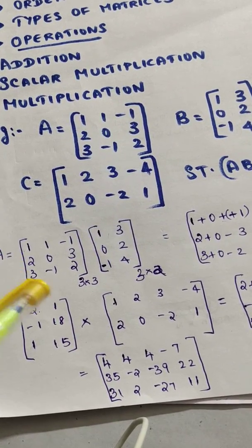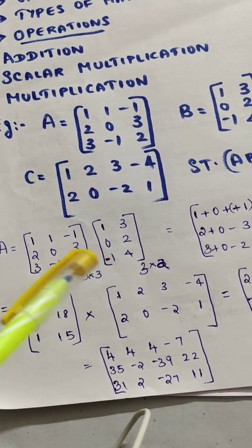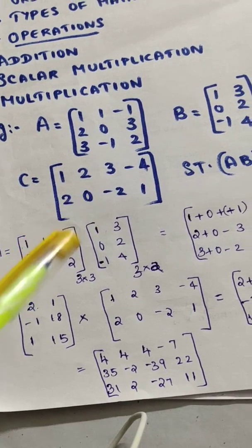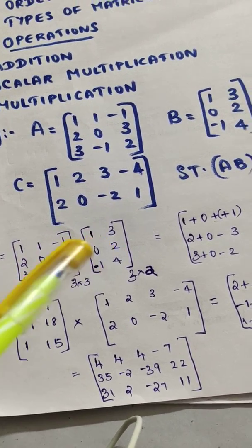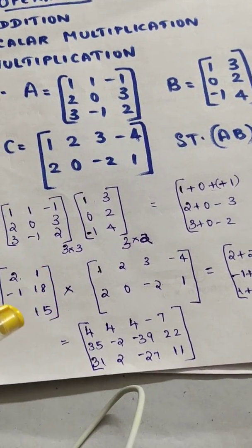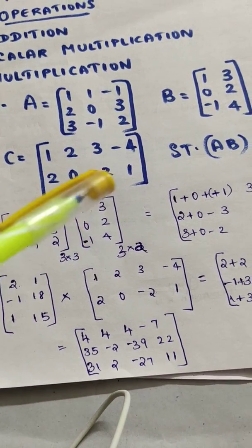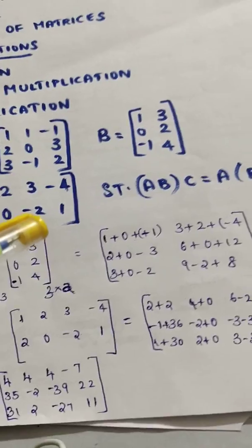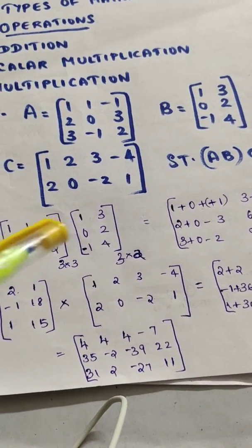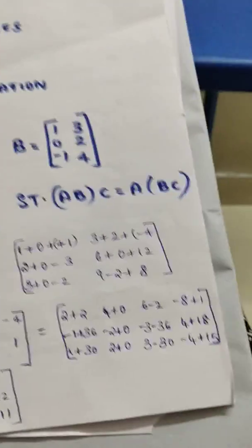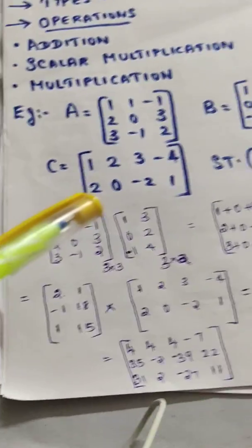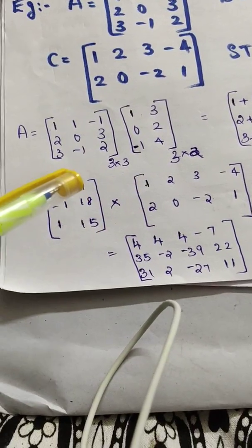Now you will go to the second row. So 2 into 1 plus 0 into 3 plus 3 into minus 1, which will give you 2 plus 0 minus 3, which is equal to minus 1. Now second row into second column: 2 into 3 plus 0 into 2 plus 3 into 4, that is 6 plus 0 plus 12, which will give you the element 18.